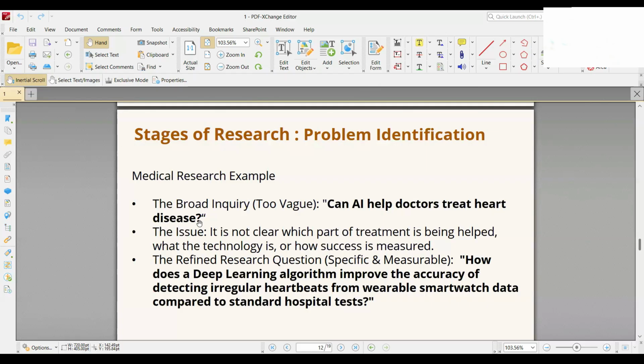So we need to refine the research question. It should be specific and measurable. How do deep learning algorithms improve the accuracy of detecting irregular heartbeats from wearable smartwatch data compared to standard hospital tests?